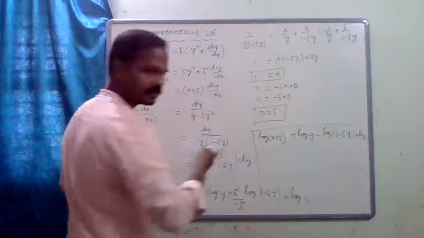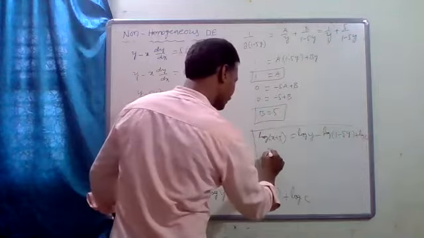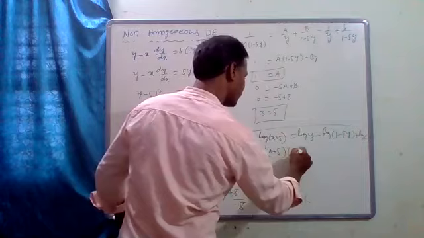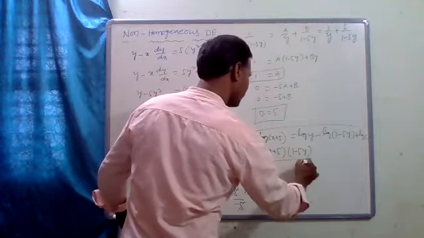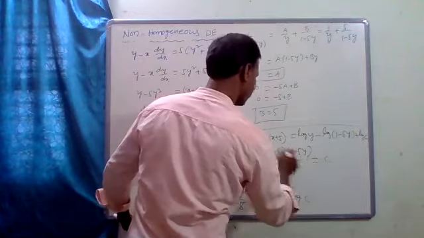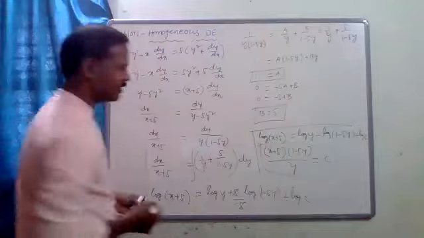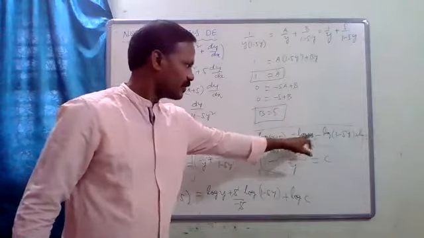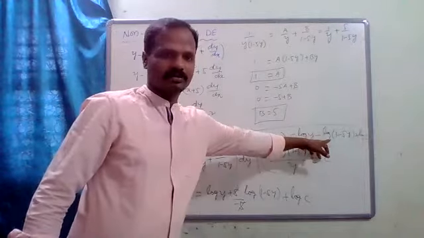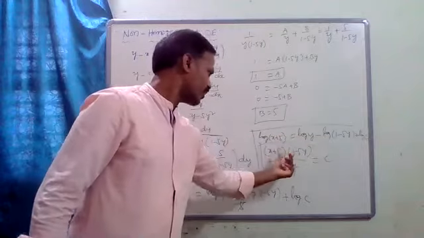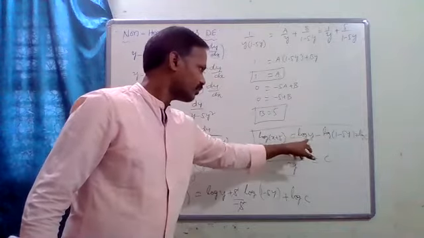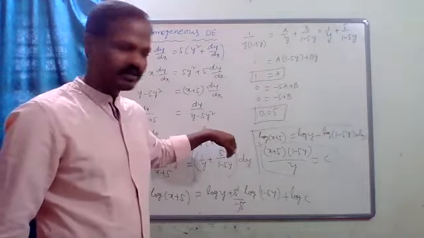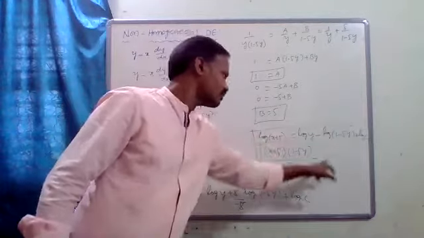If you take all the terms to the left side, x plus 5 into 1 minus 5y by y equal to c. Clear? Log a minus log b plus log c: log a plus log b is log ab. Log y, if you take to the left side, minus log y, so by y equal to c.